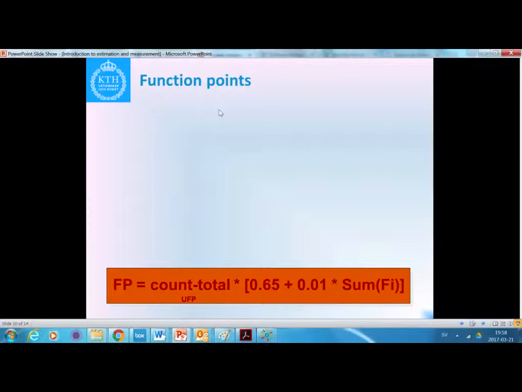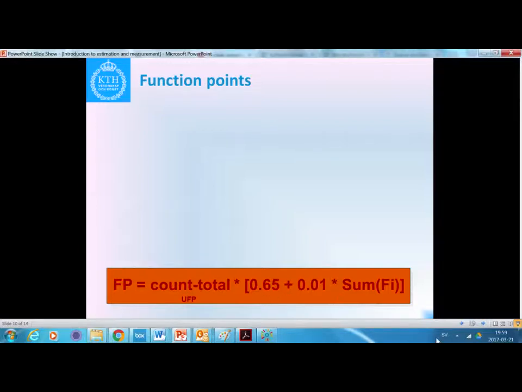So you give a number of function points to a requirement, for instance, and here you have a formula for estimating function points, which consists of unadjusted function points, which then get adjusted with the rest of this formula.